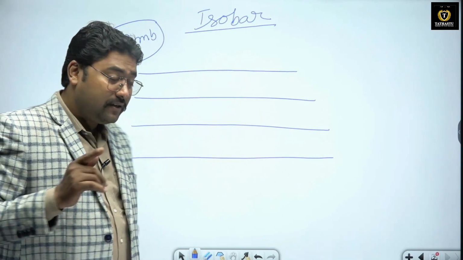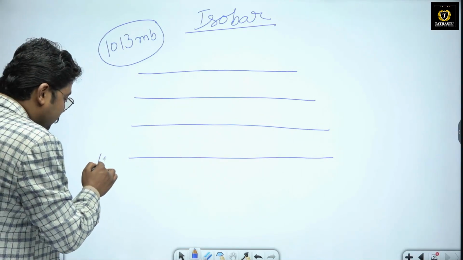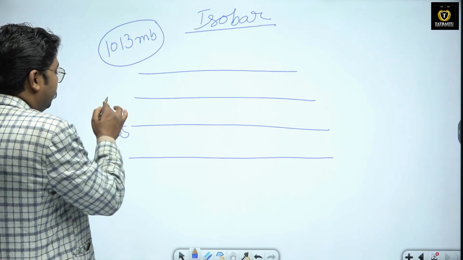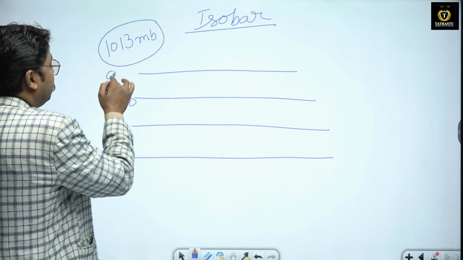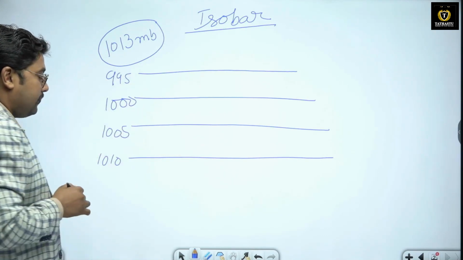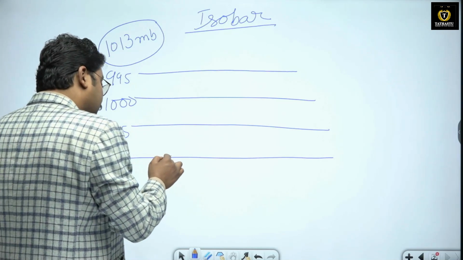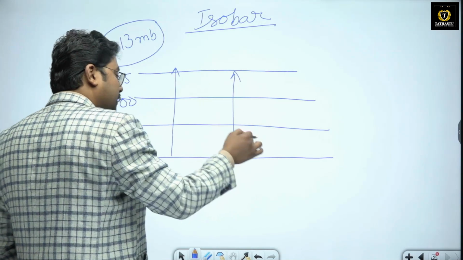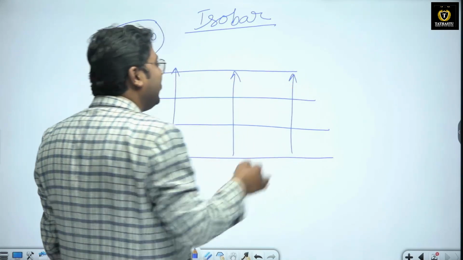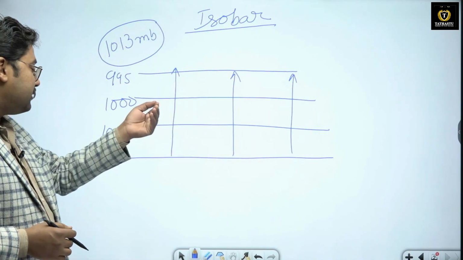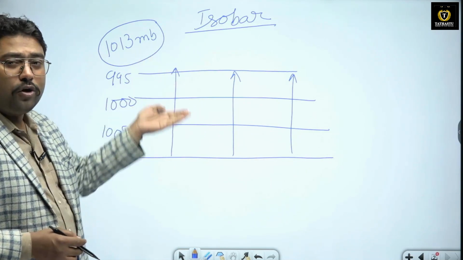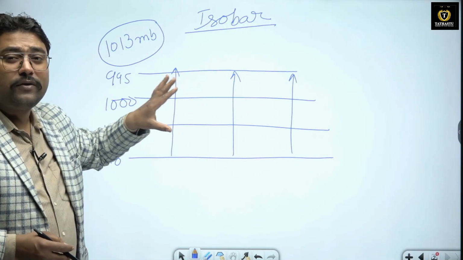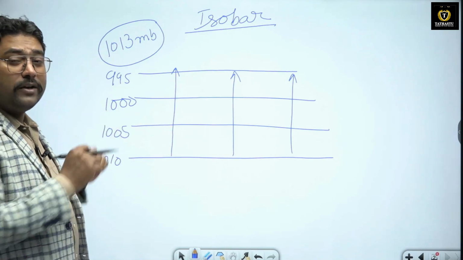Always mind it. How? Suppose this is 1010 millibar, 1005 millibar, 1000 millibar, 995 millibar. Means the pressure is decreasing in this way. So, first thing, the pressure gradient is from south to north or from bottom to top, and is normal, or you can say decreasing with a regular interval.